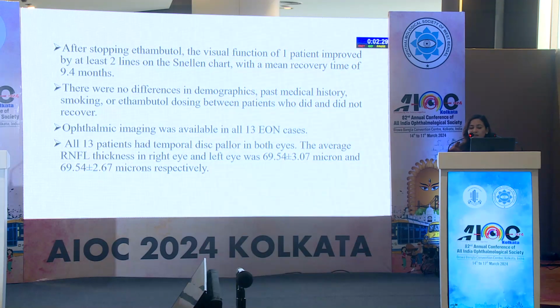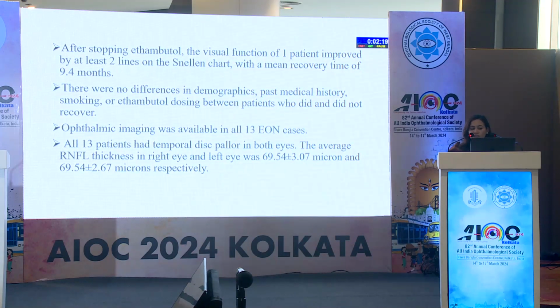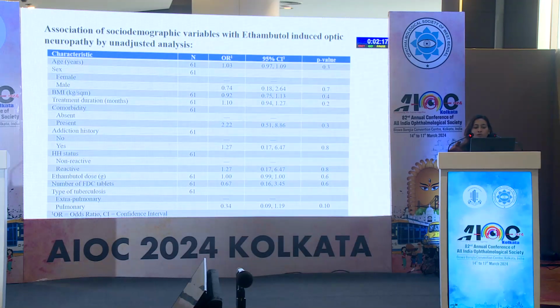The average RNFL thickness in the right eye and left eye was 69.54 plus minus 3.07 microns and 69.54 plus minus 2.67 microns. We looked at the association of socio-demographic variables, in which we included age, gender, BMI, treatment duration, comorbidity, addiction history, serology, ethambutol dose, number of fixed dose tablets, and type of tuberculosis, which were not found to be significant in our study.